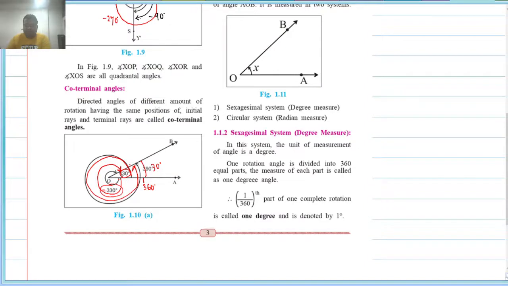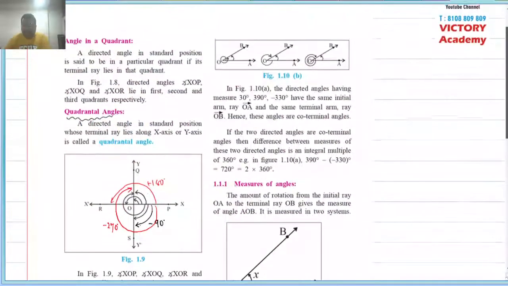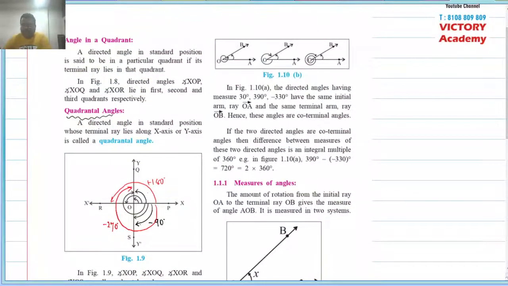So we have a variety of angles over here. One angle is 30 degrees, one angle is 390, one angle is minus 330. All these are called coterminal angles. So you have to keep all these concepts with you, and we will use them as and when required.